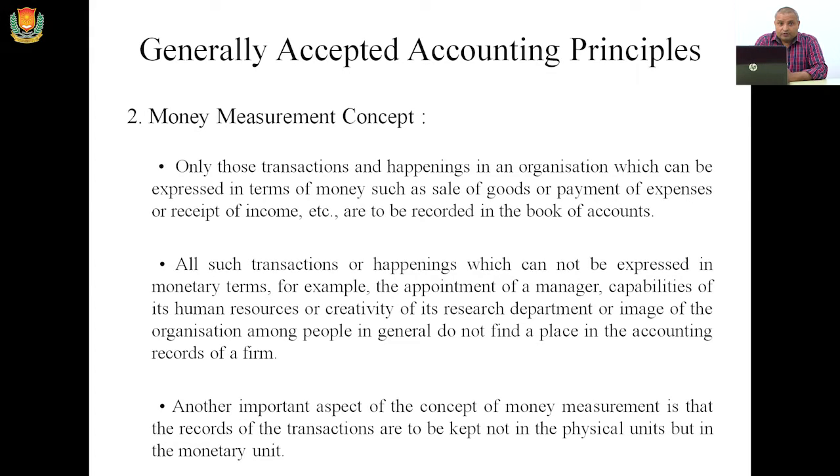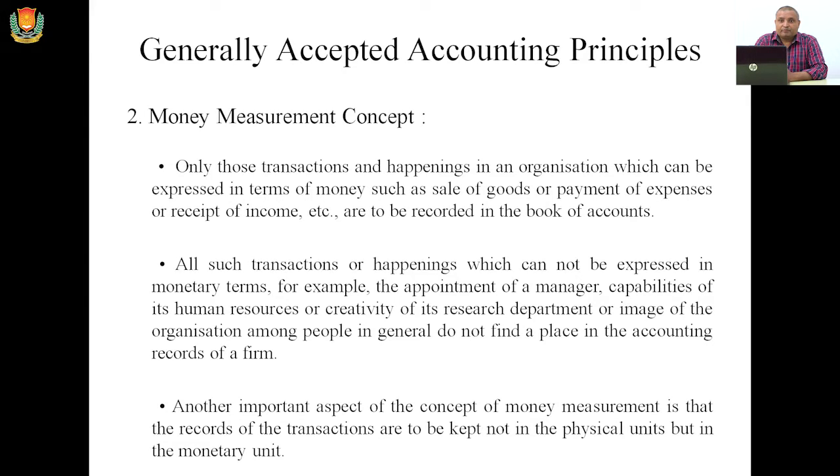Because of money measurement concept, only those transactions and events can be recorded in the books whose monetary valuation is possible. Whose monetary valuation is not possible, that cannot be recorded. Due to this principle, even if an event is very much important, but its monetary valuation is not possible, then it cannot be recorded.